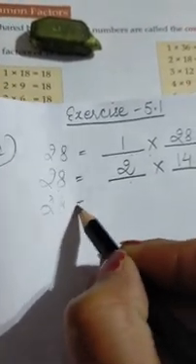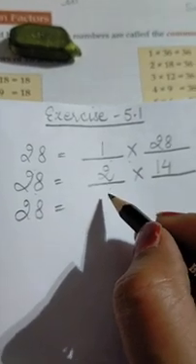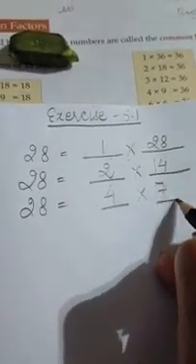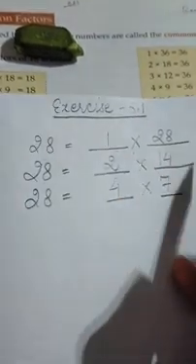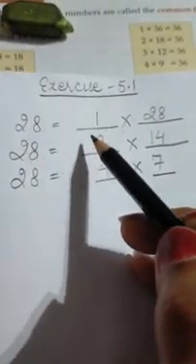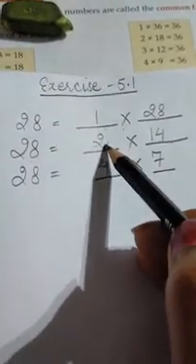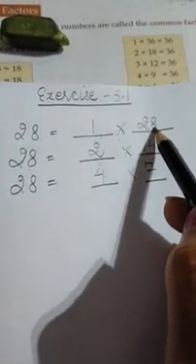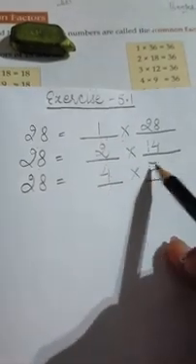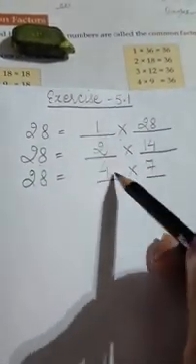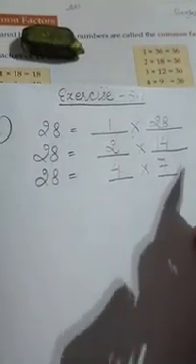Then one more blank: 4 sevens are 28. Like this we fill the blanks. When we multiply these numbers and get 28, we can say that 1, 2, 4, 7, 14 and 28, these six numbers, are factors of 28.